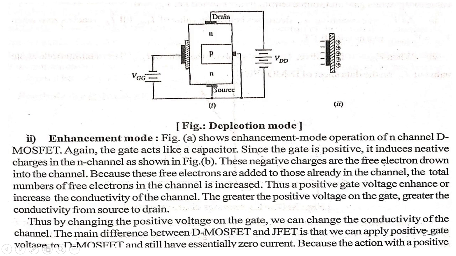See in the figure, the source and the substrate are internally connected. Drain and source are connected. We apply a positive voltage between drain and source, called VDS, as shown in the figure.